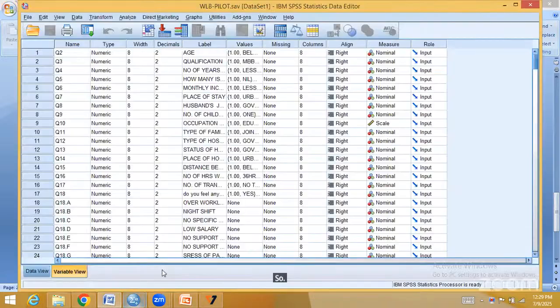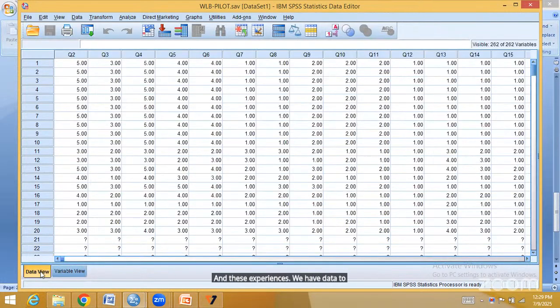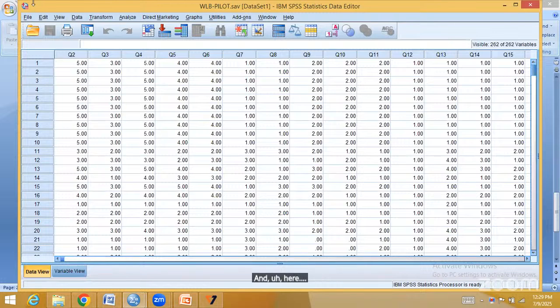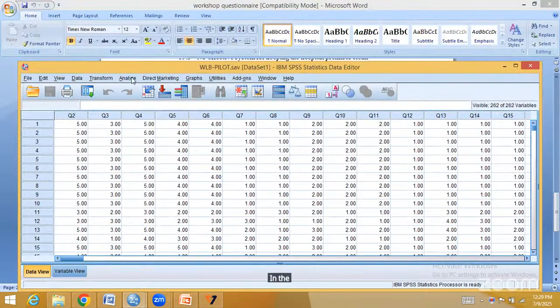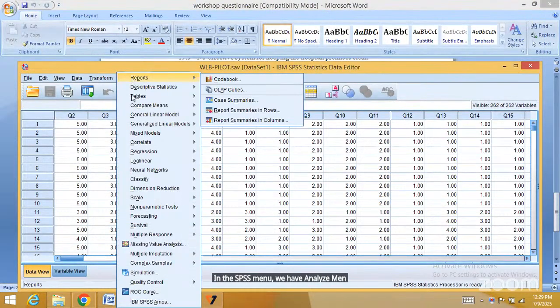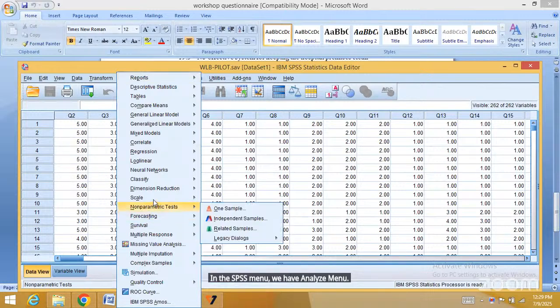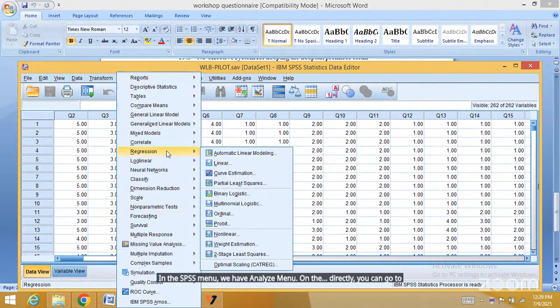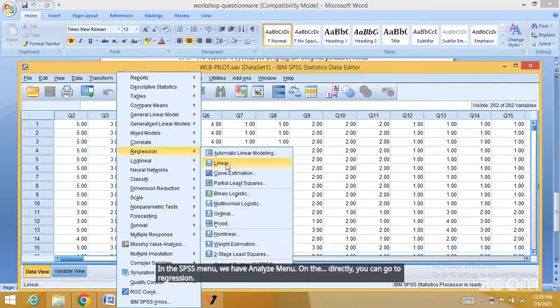In SPSS, I think you have a separate session for SPSS, we have data to be entered, and in the SPSS menu, we have the Analyze menu, and directly you can go to Regression and Linear Regression.